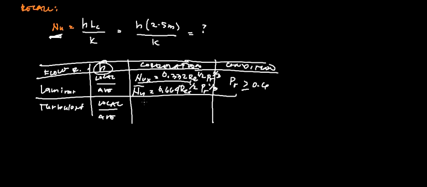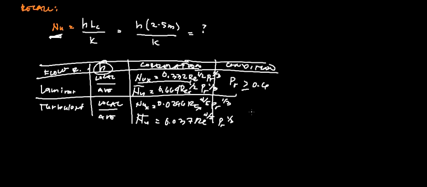For the turbulent, we have the local correlation of Nu_x equal to 0.0296 Re_x^(4/5) Pr^(1/3). Nu average is equal to 0.037 Re^(4/5) Pr^(1/3).